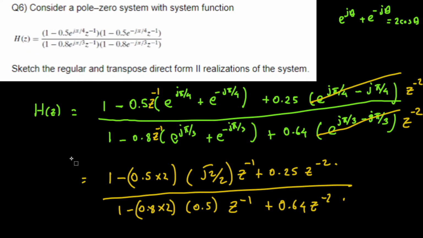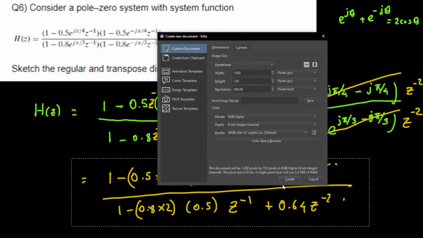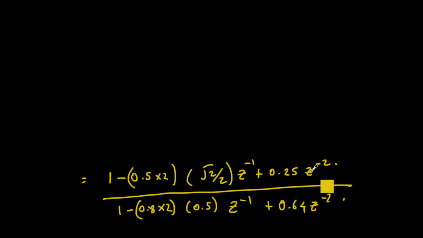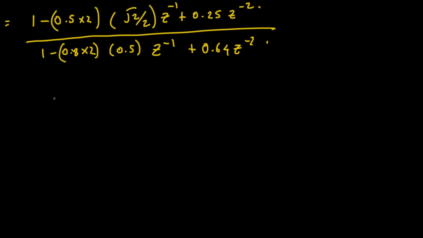I bring this one to the next page because I don't have enough space to continue. So this is going to be just 1 minus 1 times this. So we are going to have 1 minus root 2 by 2 z^-1 plus 0.25 z^-2.